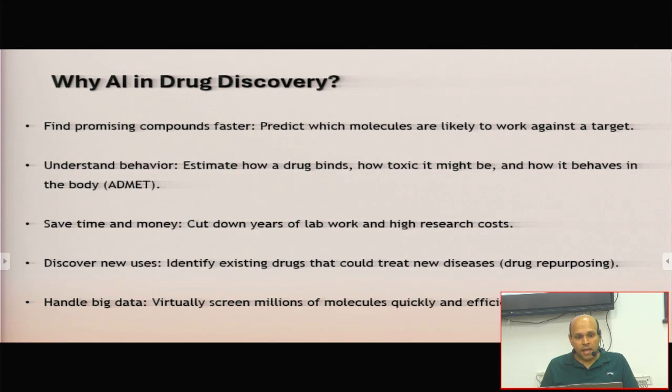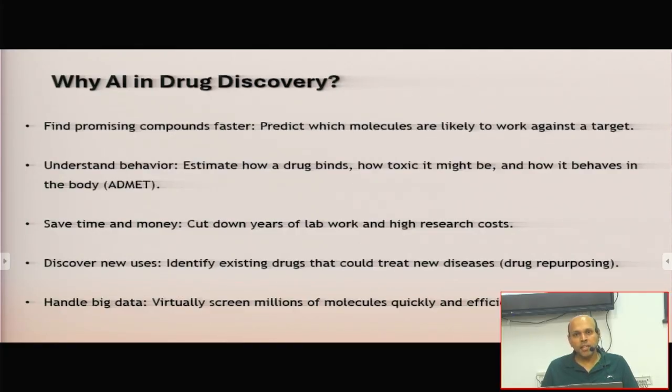So why AI in drug discovery? We all know we need to find promising compounds faster. We need to predict which molecules are likely to work against what targets.